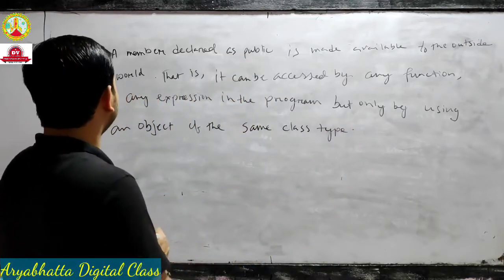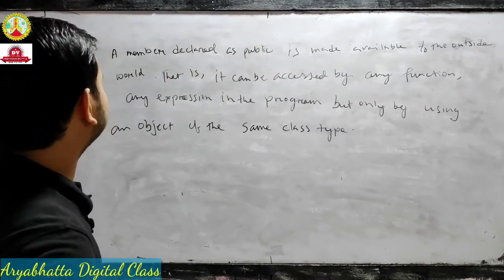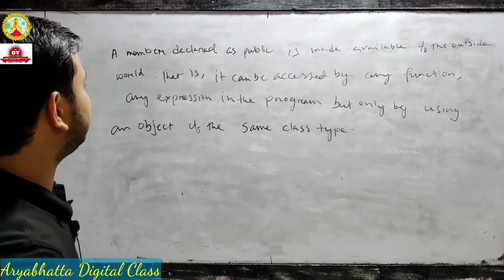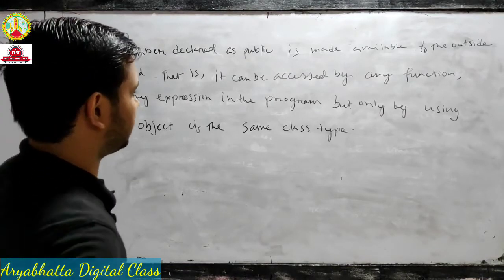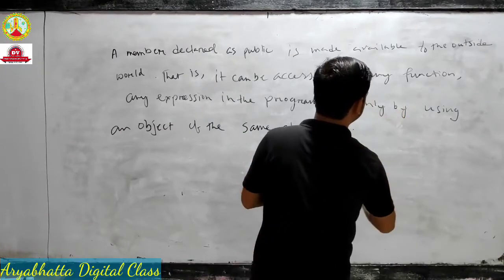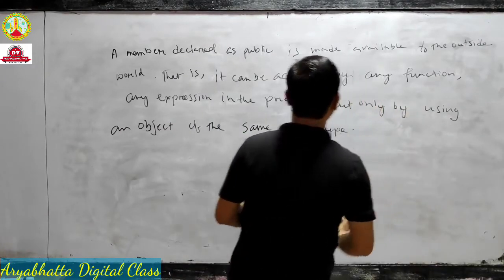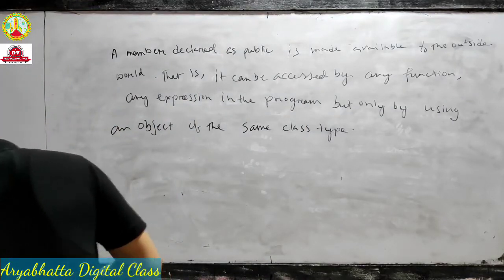You see, a member declared as public is made available to the outside world. That is, it can be accessed by any function, any expression in the program, but only by using an object of the same class type. Okay.